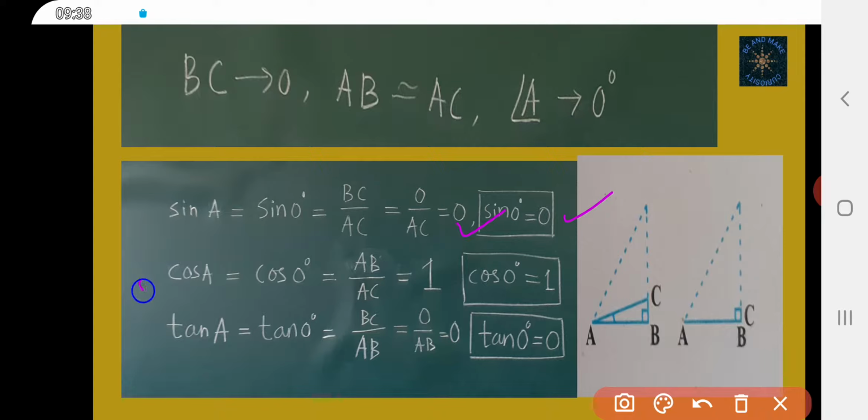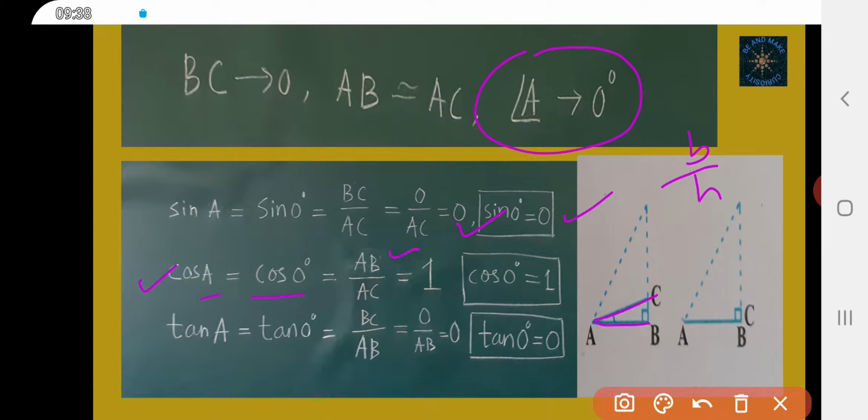Now come to cos A. A angle tends to 0. So cos 0 degree is equal to, you know, that B by H. Here B is AB and H is AC.